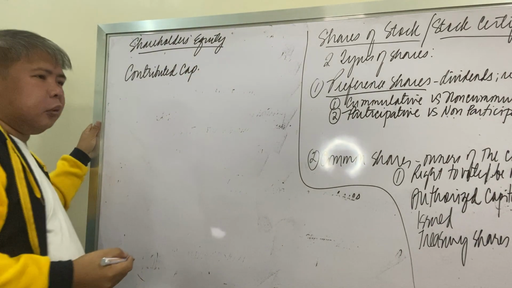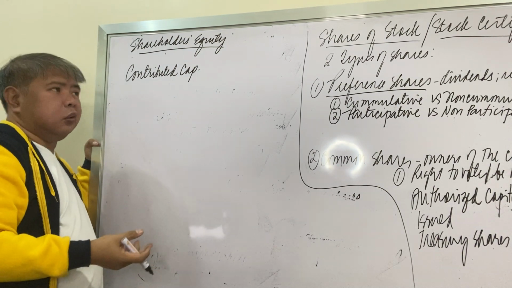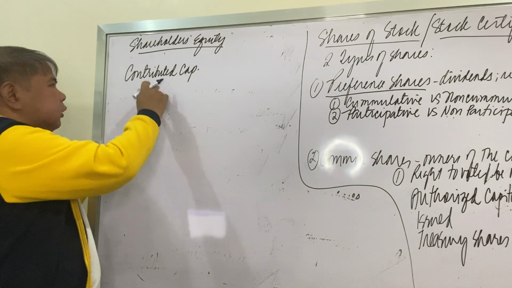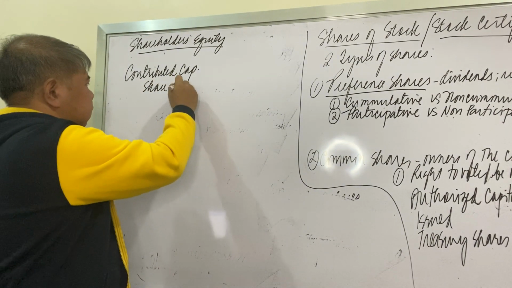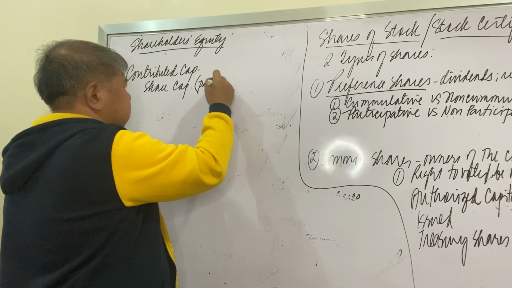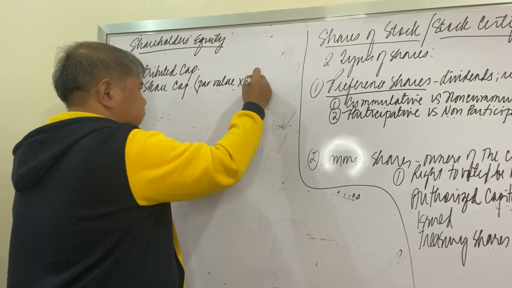When you speak of contributed capital, these are the actual contributions of the shareholders. This is comprised of the share capital, and the share capital is the par value of the shares multiplied by the number of shares issued.